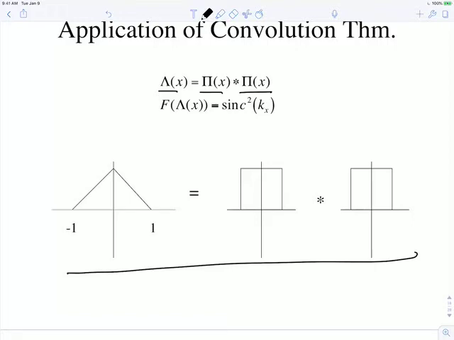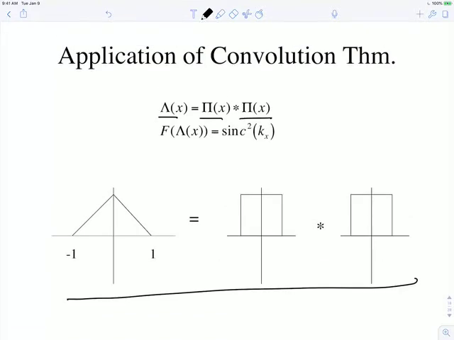On the current homework, you'll do a little convolution on your own, but it turns out that this is true. And so I know this goes to a sinc, and I know this goes to a sinc. So by inspection, I can just write down the Fourier transform of the triangle function is just sinc squared. So that can come in useful.